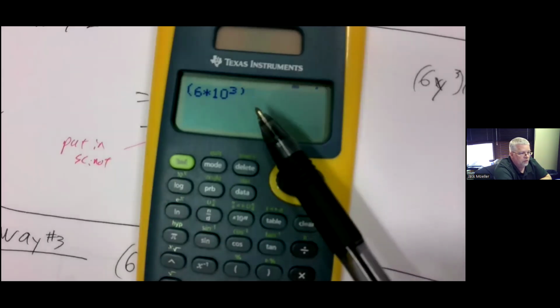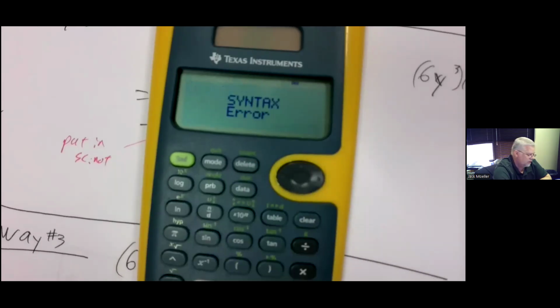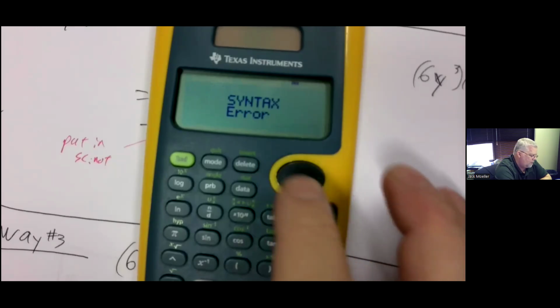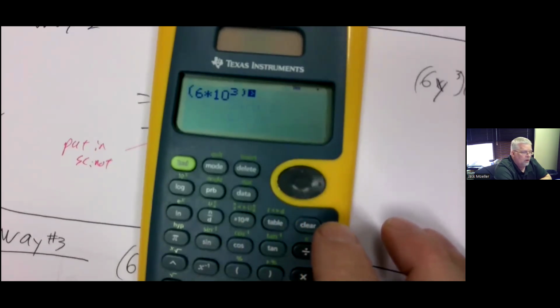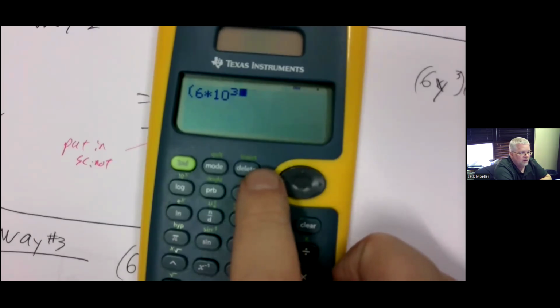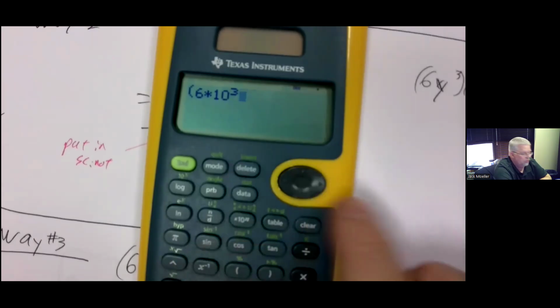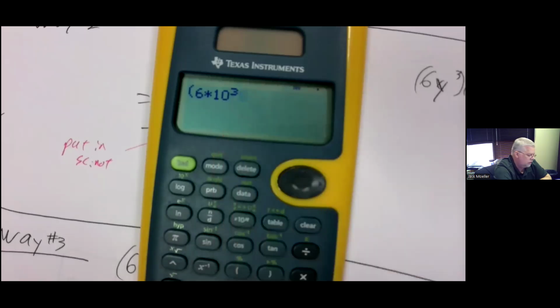If you continue with this, we're going to get a syntax error. So what we have to do is, first of all, you can always delete. Put the cursor on what you want to delete, and delete it. Once you get that exponent, use the arrow key to get a big cursor. Now you can do your close parentheses.